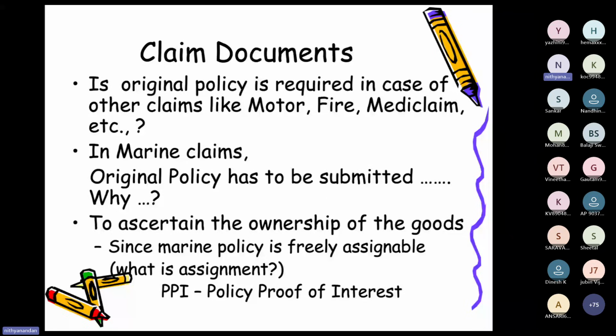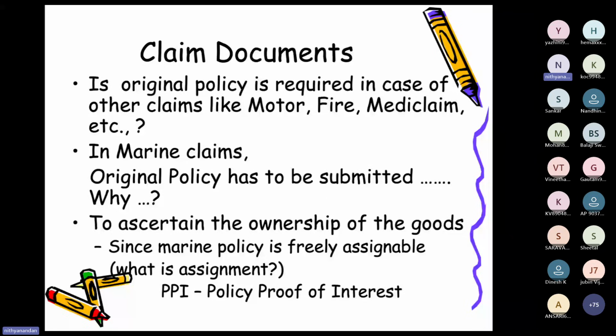How in a fire policy will you prove the ownership of a building? It is because of the sale deed. So in all other claims, you have other means to prove your insurable interest. But in marine, policy is the only proof by which you can prove your insurable interest. That is why it is called PPI, policy proof of interest.